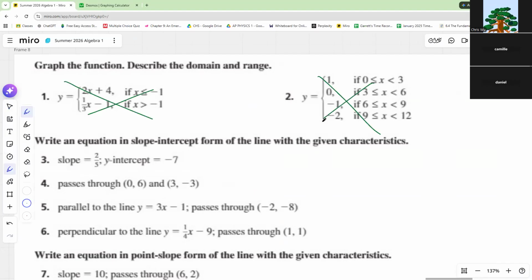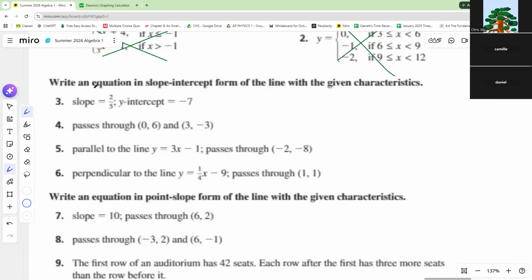Let's skip that, and then let's do the second one. Write the equation in slope-intercept form of the lines of these characters. This we extensively practiced, so we should be able to do these. Let's give these a try. Some of them will be really easy, some of them will be harder. Daniel and Camille, when you have an answer, just type it in the chat to me.